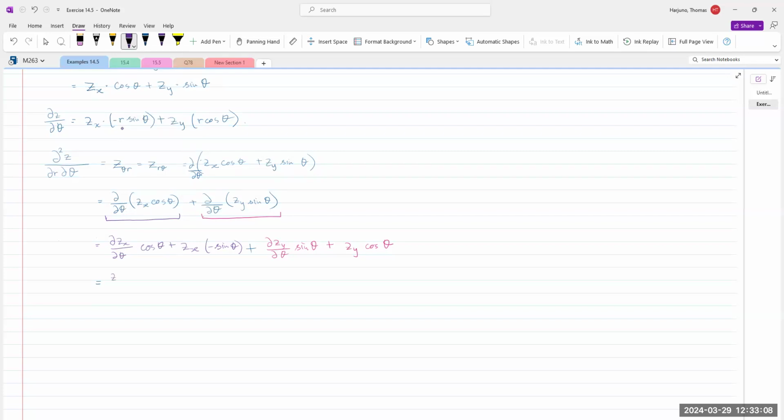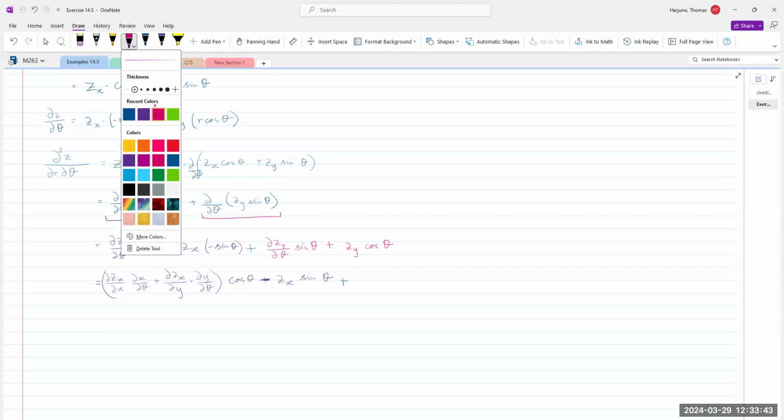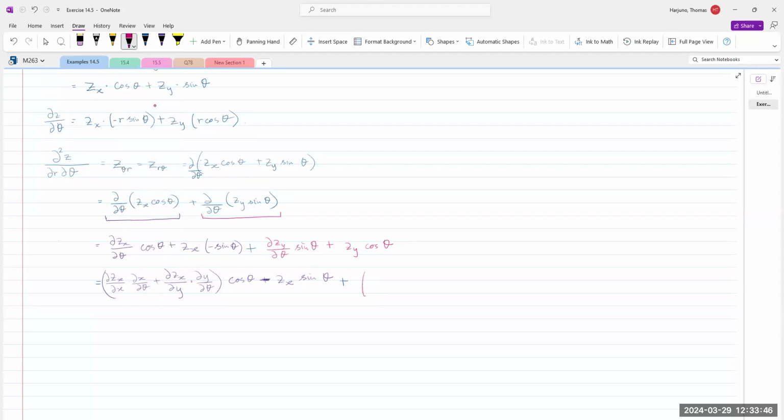So z sub x with respect to x, dou x dou theta, plus dou z sub x with respect to y, dou y dou theta, cosine theta plus z sub x, make it minus, sine theta, plus, change color, the partial with respect to y.